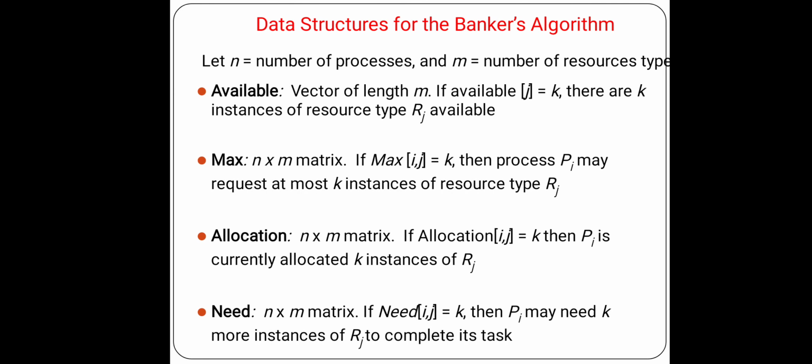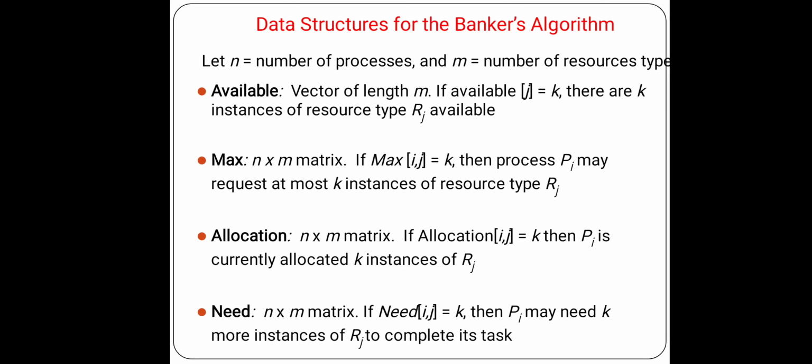the data structures for Banker's algorithm. See, let n be the number of processes and m be the number of resource types, right. Available is a vector of length m.